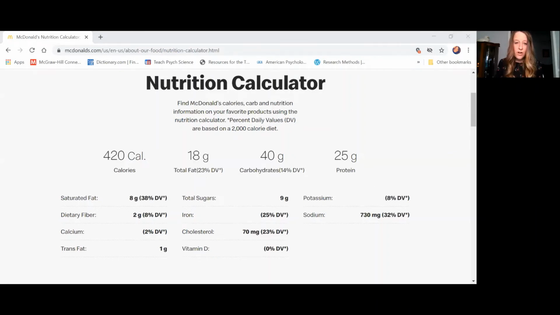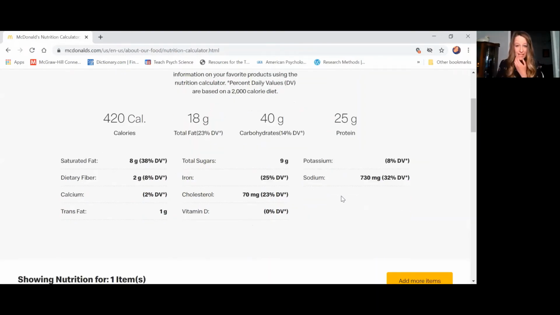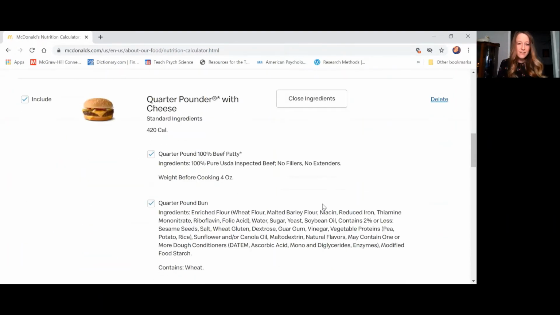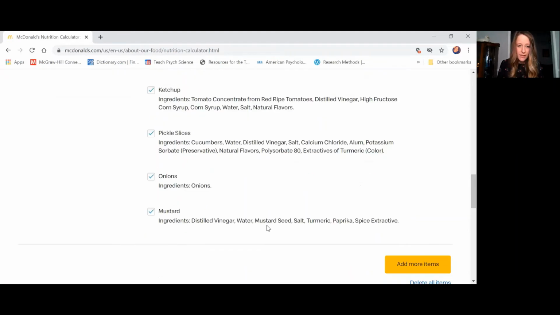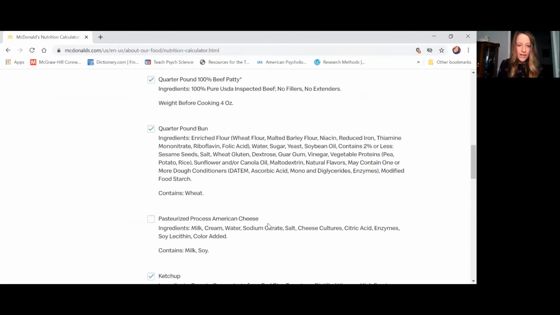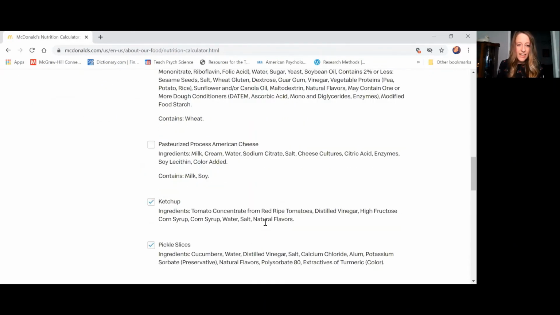As we saw before, 25 to 35% represents a healthy meal. We're slightly above that at 39%. So let's see if I make one more alteration. I have taken off the cheese.